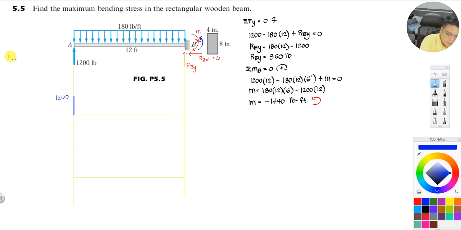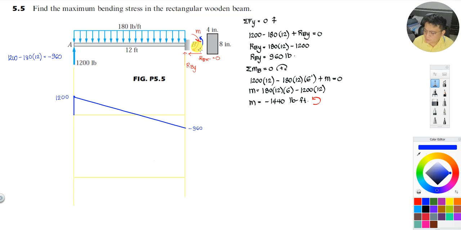Ilagay ko dito, 1,200 minus 180 multiplied by 12. Okay, so that would be the next point. Ilan yon? 1,200 minus 180 times 12, so you can have it as negative 960. Okay. So, from there, siguro around dun ano. Ayan. Okay. So, you can have this. Alright. So, that is equals to negative 960.